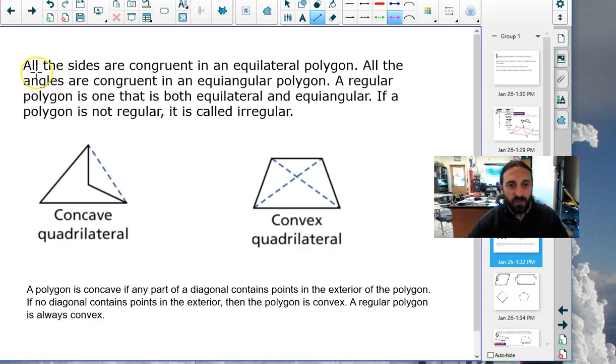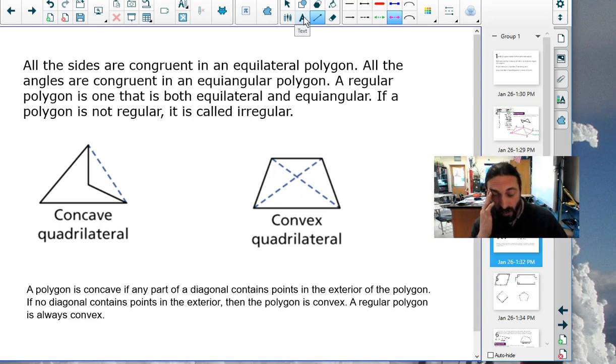Now, also keep in mind that all sides are congruent in an equilateral polygon. All angles are congruent in an equiangular polygon. A regular polygon is both equilateral and equiangular, which means it has the same angle measures and the same side length.